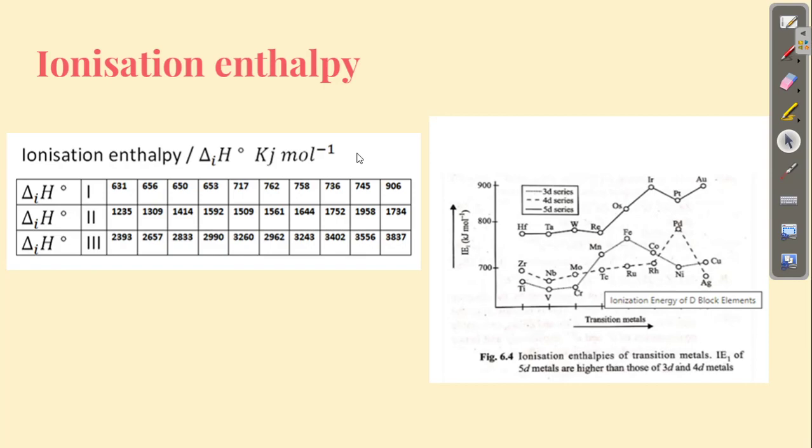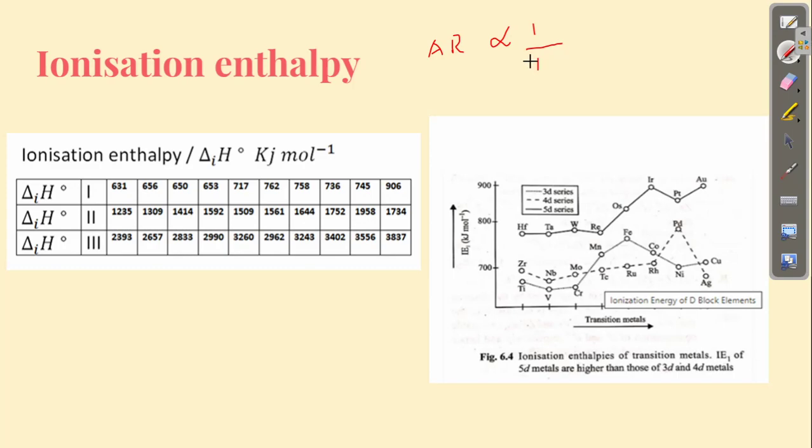Now we are going to move to the ionization enthalpy. As a regular trend, ionization enthalpy along the period has a relation with the atomic radii. As atomic radii increases, there will be a decrease in the ionization enthalpy.